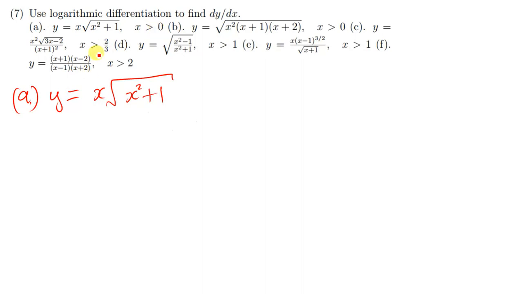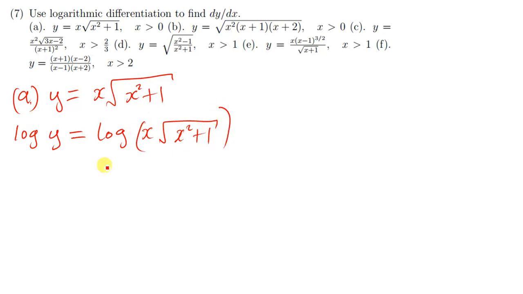Alright, so let us quickly begin to differentiate. We're going to introduce logs on both sides. So I'm going to have log y this side is equal to log, then I'll have x root x squared plus 1 in brackets, of course.